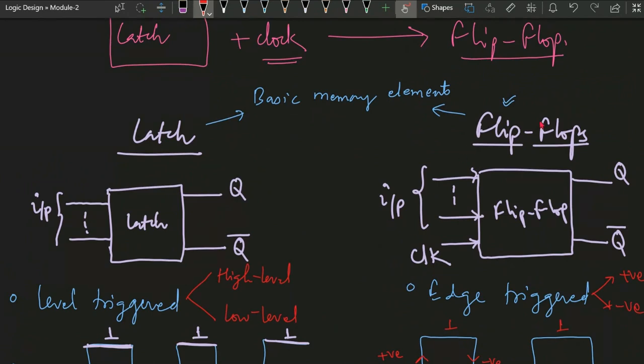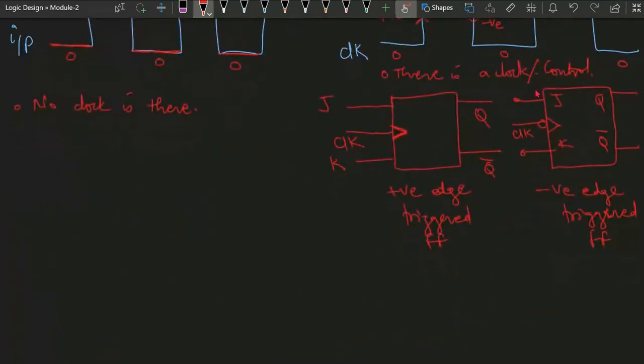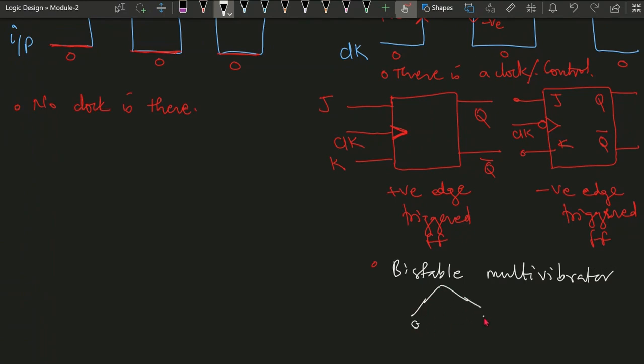These flip flops are considered to be bistable multivibrators. Bistable in the sense, there are two stable states, 0 and 1. These are the stable states of the flip flops.